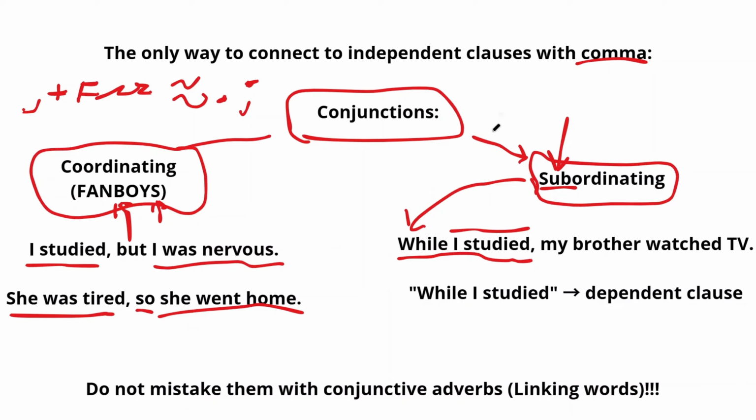For example, if you've got a dependent clause at the start of a sentence, you've got to add a comma. But if the dependent clause comes after the independent clause, for example "my brother watched TV," the comma is not necessary, but you can add it.